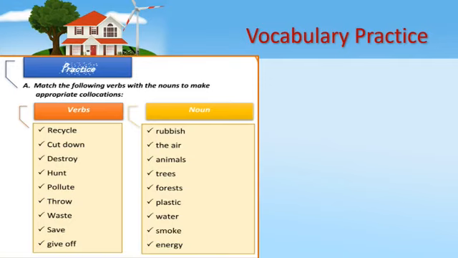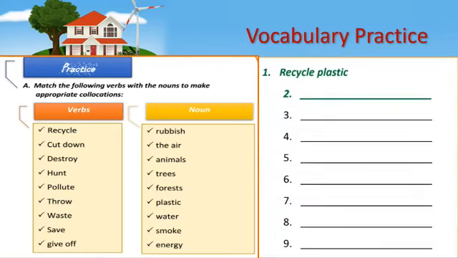The first column has a list of verbs to be matched with nouns within the second column to form collocations, as you can see in the following example, using the first verb, which is to recycle, and matched with the word plastic. So the collocation is recycle plastic.